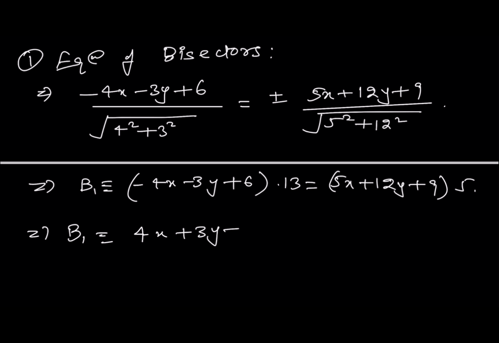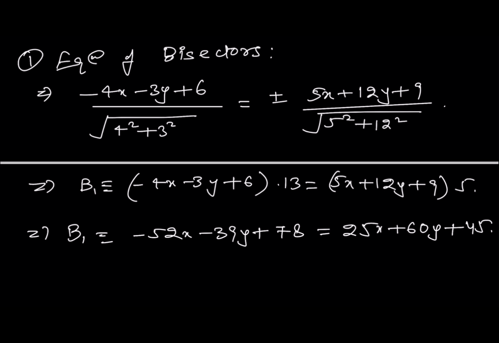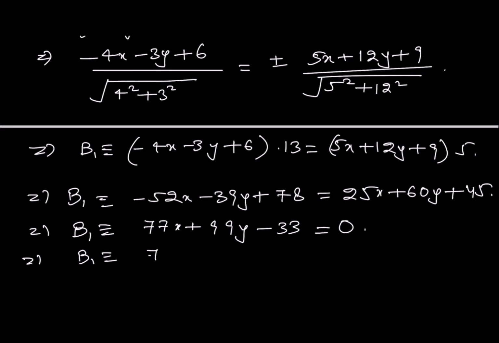After multiplying, 13 minus 52x minus 39y plus 78 is equal to 25x plus 60y plus 45, or B1 is 77x plus 99y minus 33 is equal to 0, or B1 is 7x plus 9y minus 3 is equal to 0.